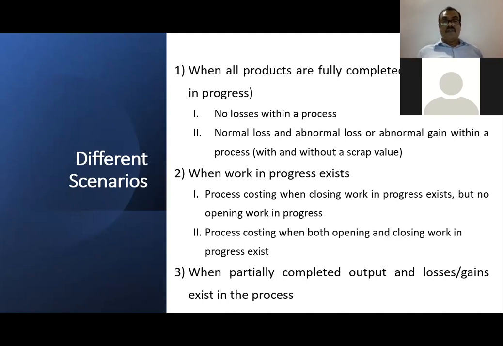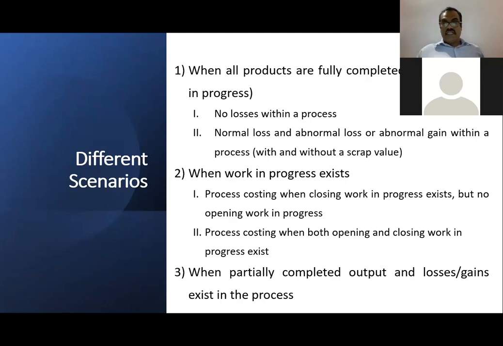So therefore, it's very logical and rational for us to absorb the total cost of that particular process to how many units? 90, not 100. That's a logical arrangement. Even though you produce 91, you absorb them into 90. Then your cost calculation would be very practical. Is that clear to you?